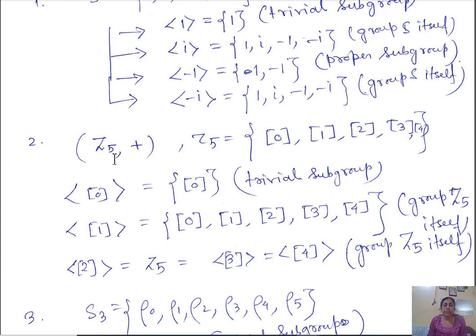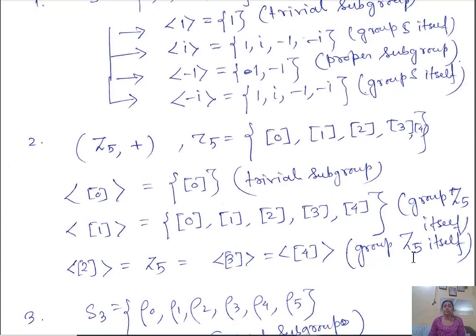If you consider Z5 under addition, Z5 consisting of the classes 0, 1, 2, 3, 4, what is the subgroup generated by 0? What is the subgroup generated by 1? What is the subgroup generated by 2? You can see that the subgroup generated by 0 is the trivial subgroup. Subgroup generated by 1 or 2 or 3 or 4, all are Z5 itself.